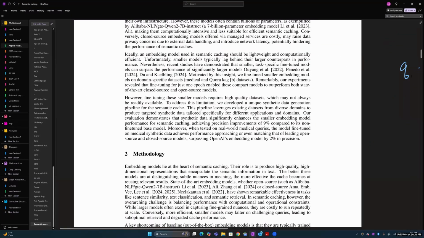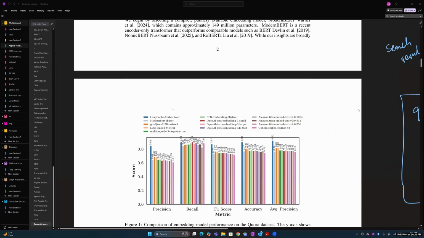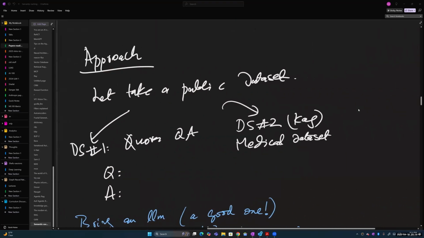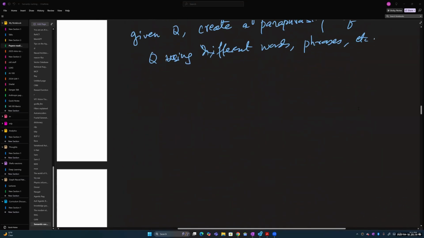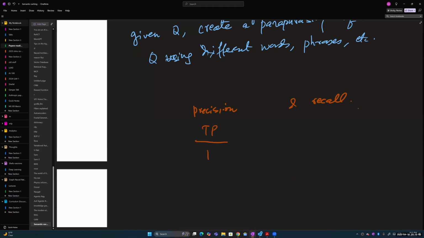F1 is, see, what happens is that in any system, there are two opposite forces at work. These are precision and recall. Precision is, you declare some cases to be positive. There's a classifier.